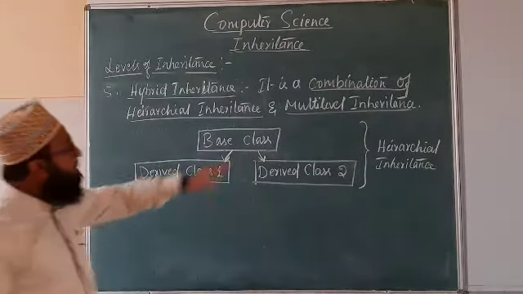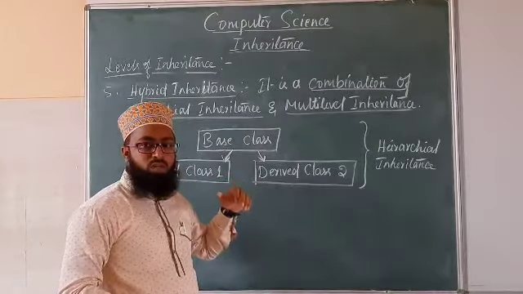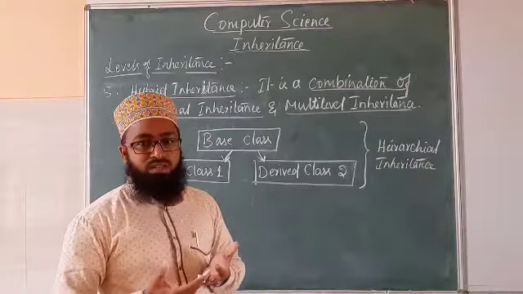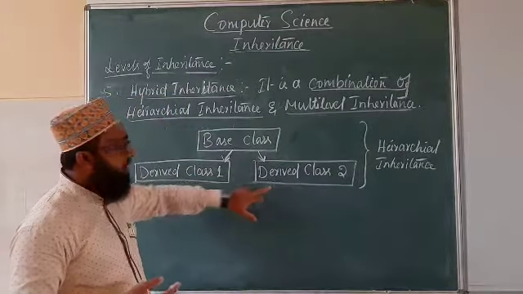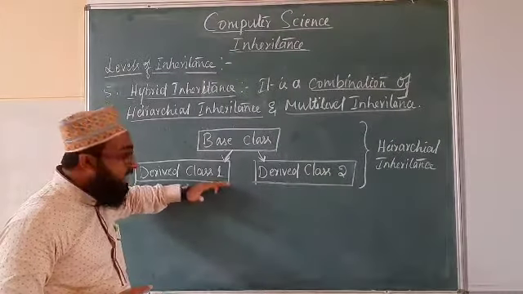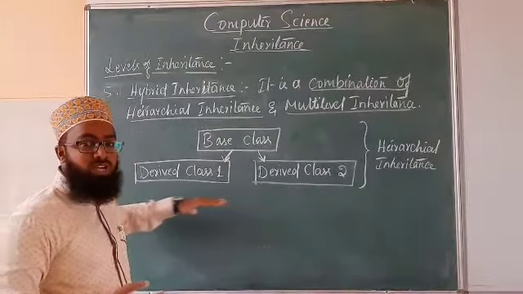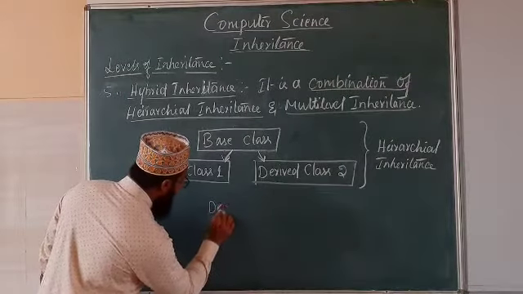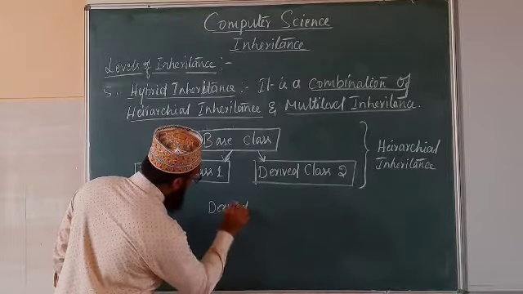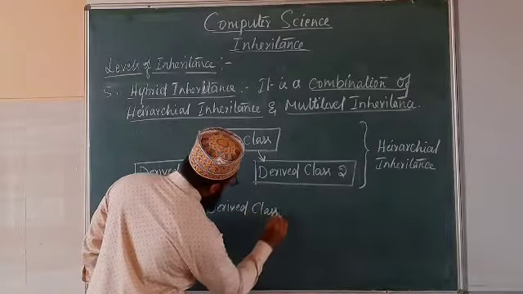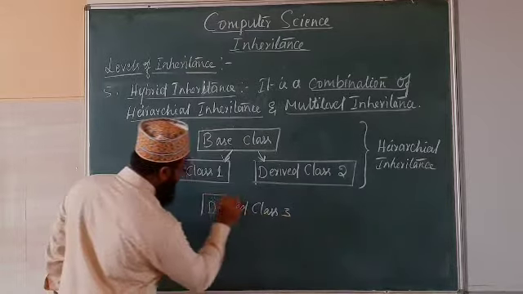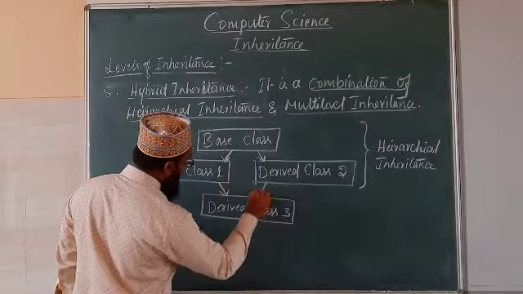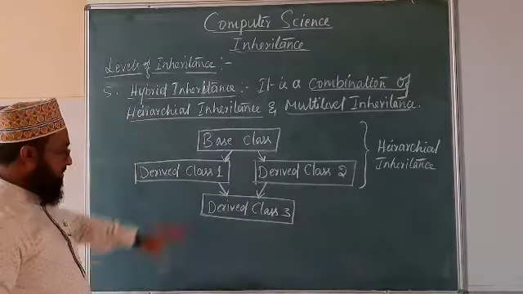And now multi-level inheritance means a class is derived from already derived classes. These are already derived classes. So if we derive one more class, derived class 3, from these two derived classes, then it is called multi-level inheritance. Derived class 3 has come from derived class 1 and derived class 2.